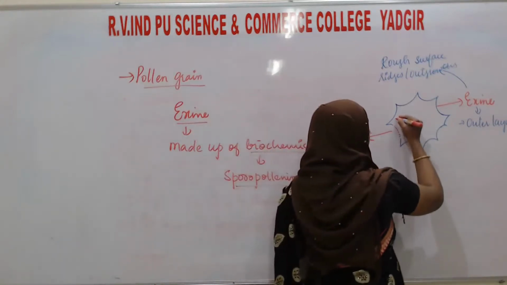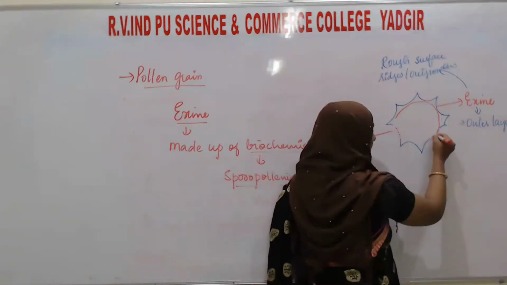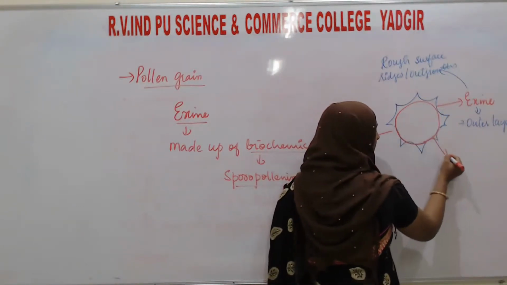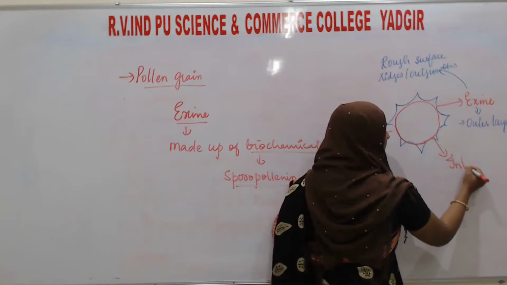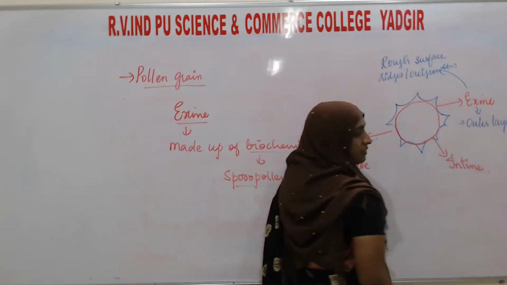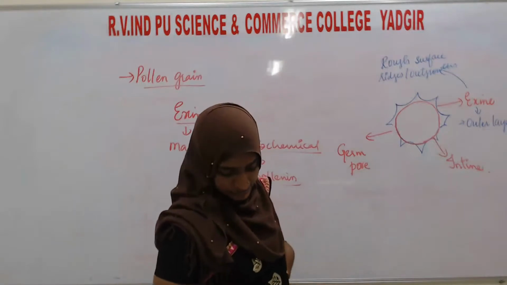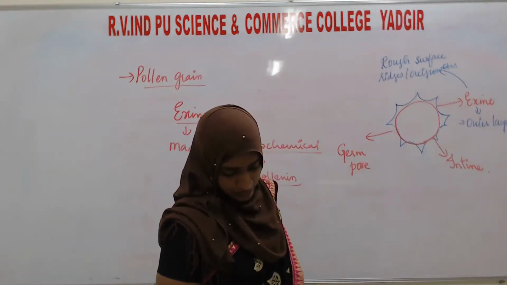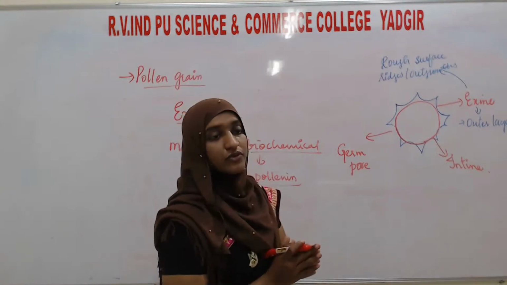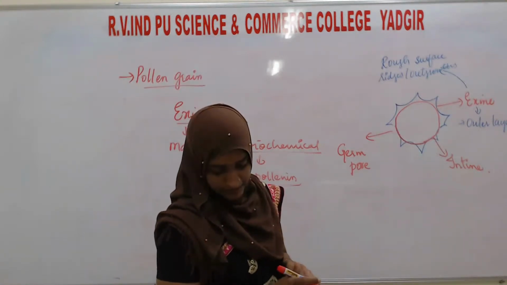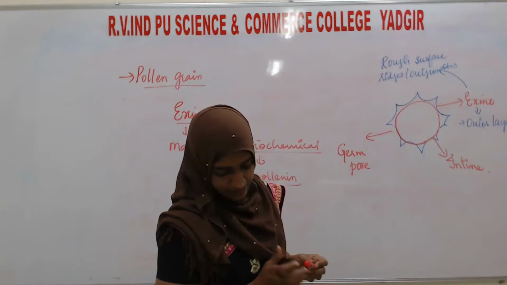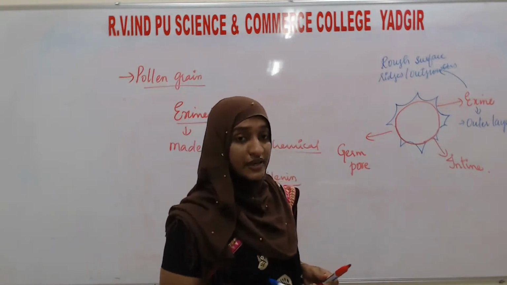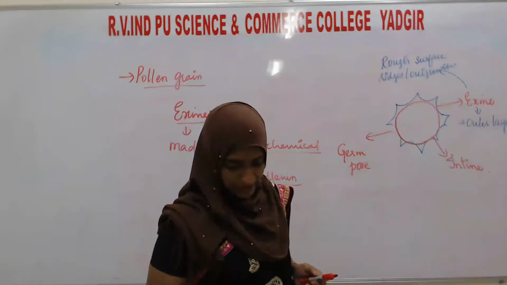Then inner to the exine layer, there is a wall layer which is known as the intine layer. The intine is one of the protective layers of the pollen grain. If you talk about its chemical nature, it is pectocellulosic.